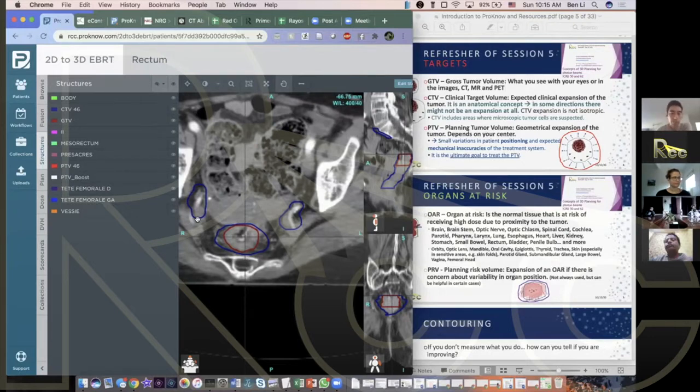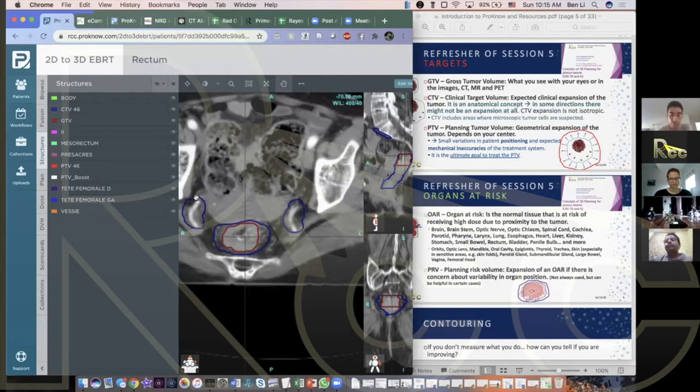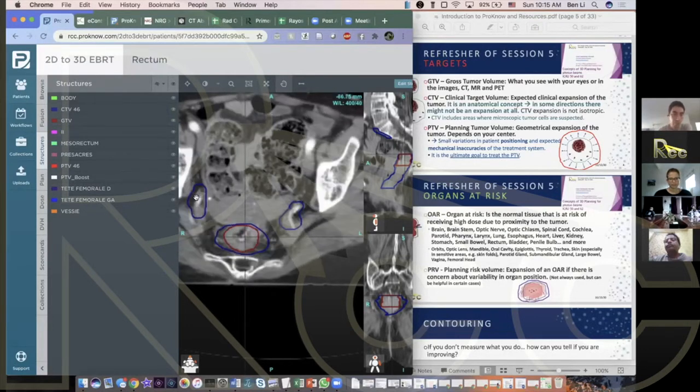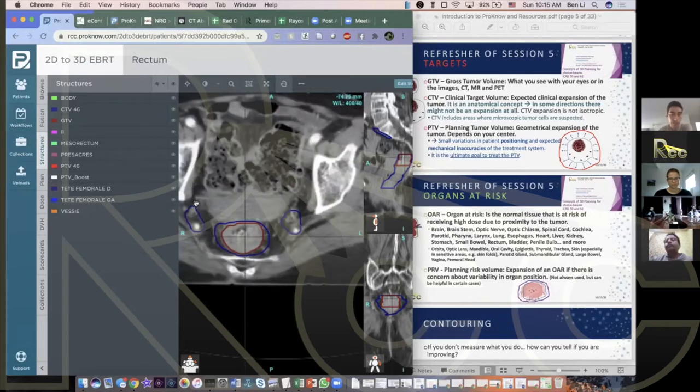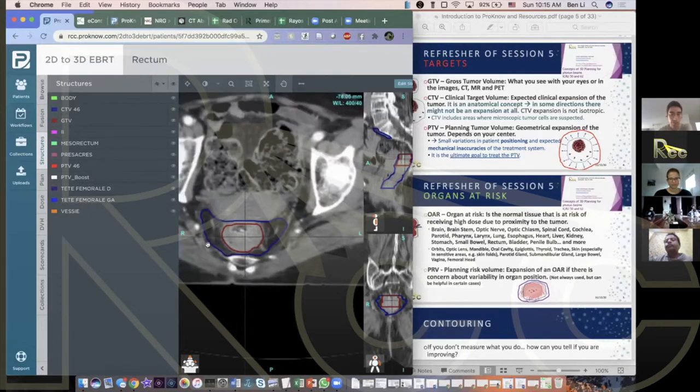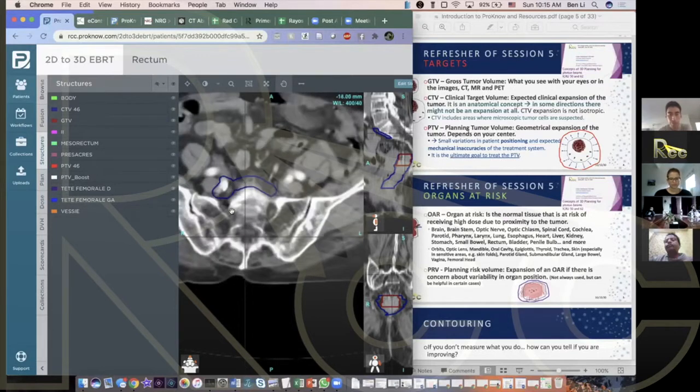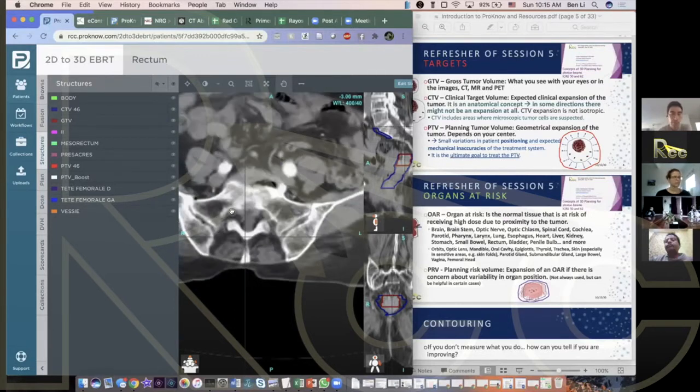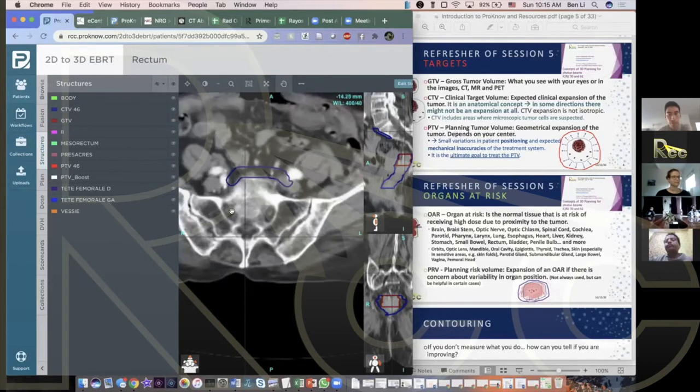And we know that if we only treated this gross disease here, there's a high chance that the patient would come back with recurrence in areas where there's high risk of having microscopic disease, in this case in the internal iliac lymph nodes, but also lymph nodes within the mesorectum and the presacral space, and even higher up to the bifurcation of the common iliacs.